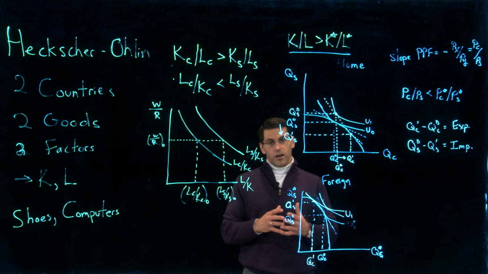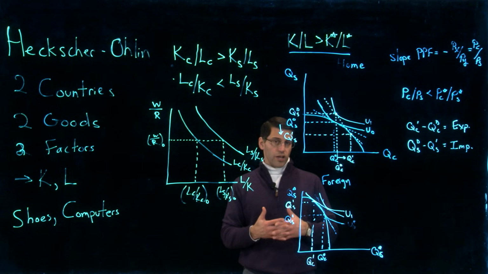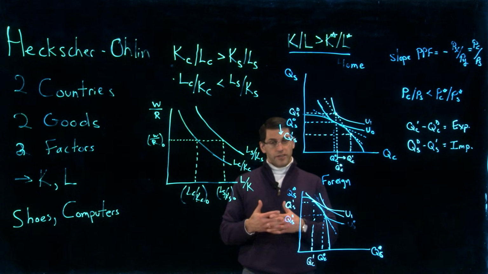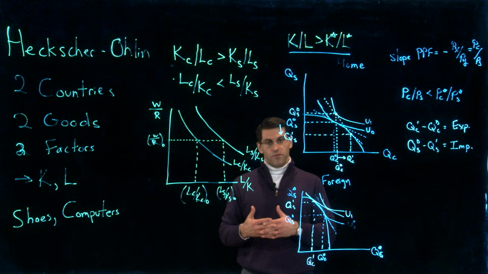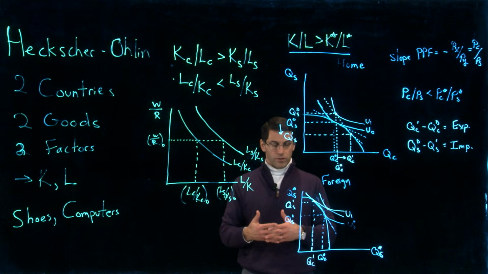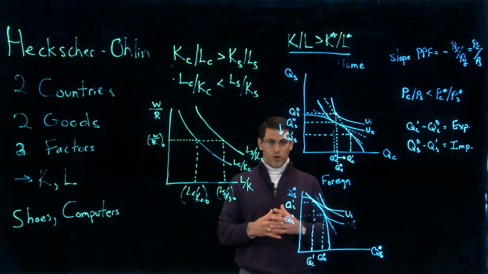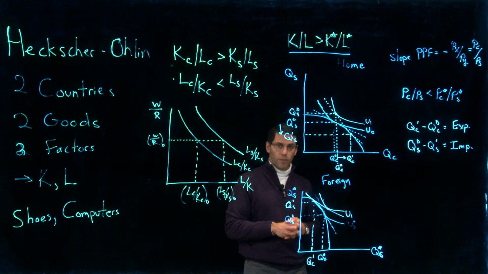A country will specialize in producing the good that intensively uses the factor of production it possesses in abundance. Okay. Let me repeat that again because it's a bit of a mouthful and can be a lot to absorb in one go.